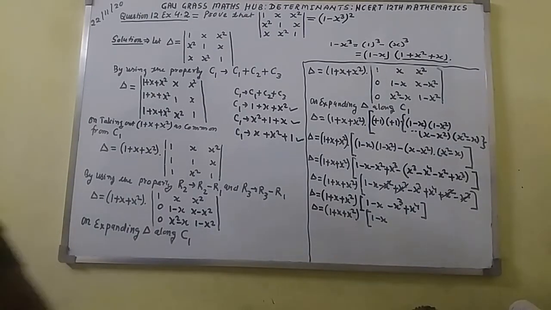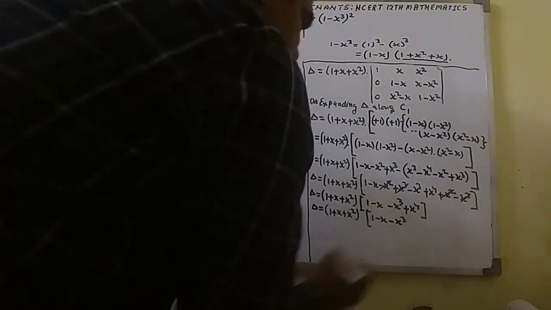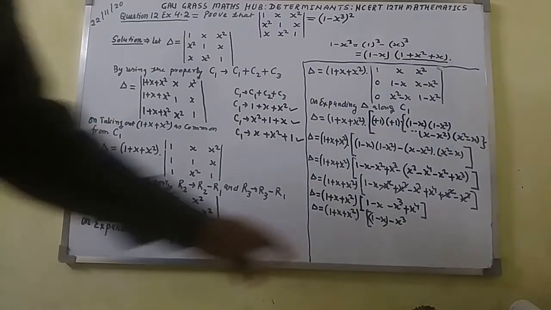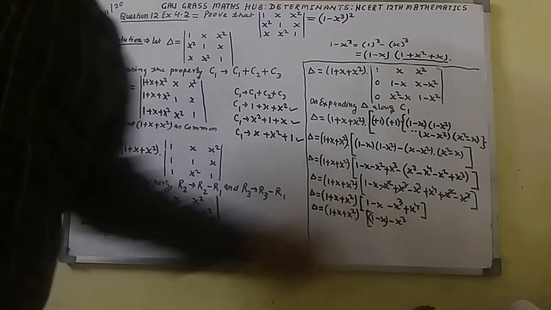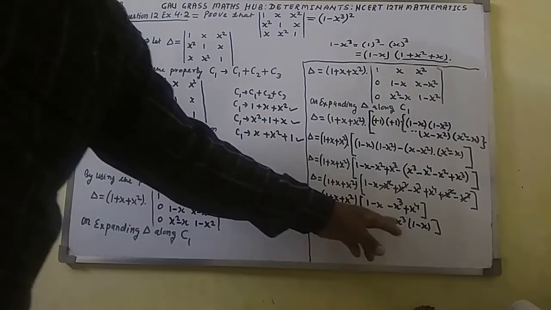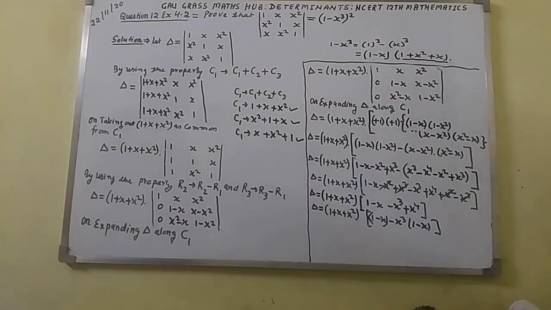Here take minus x cube as a common. This thing can be written in bracket as 1 minus x. Minus x cube I shall take here common. So here we will get 1 minus x, minus x cube plus x to the power 4 will get.